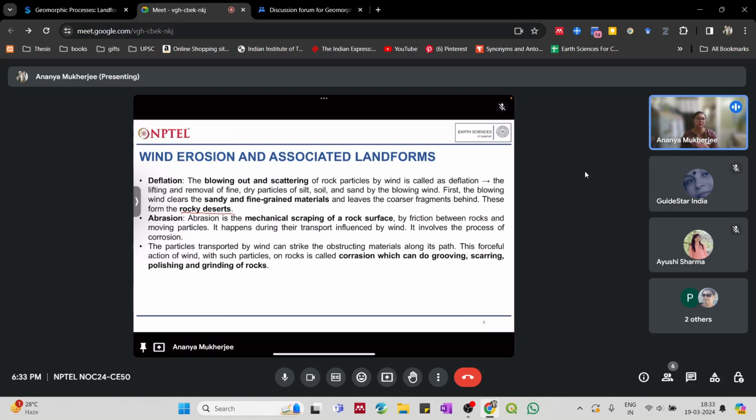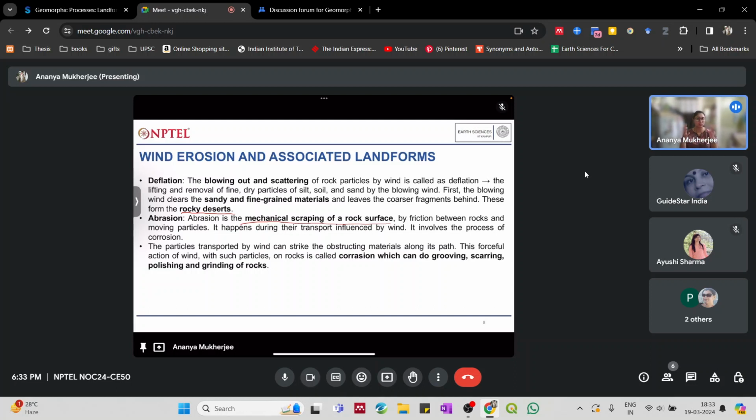Then the next erosional process associated with winds is called abrasion. Abrasion is easy to understand: anything that scratches the surface is the phenomenon of abrasion. So it is the mechanical scraping of a rock surface, caused by friction between the rocks and the moving sediment particles that are being carried by the wind.